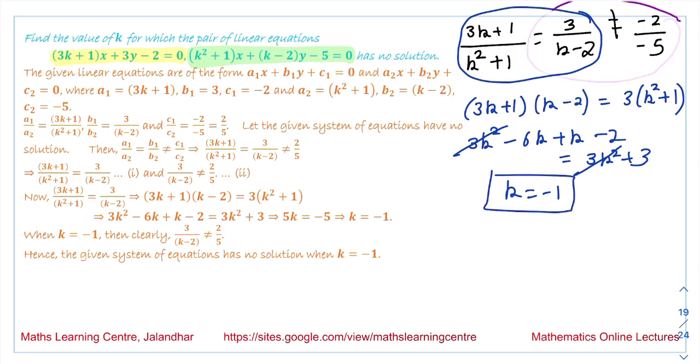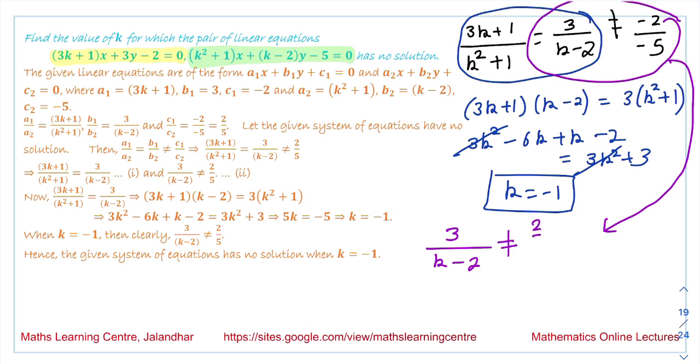Next, when we are talking about these two equations over here, we are saying 3 over k minus 2 should not be equal to 2 over 5. These two negative signs get cancelled. So we are saying 15 should not be equal to 2k minus 4.